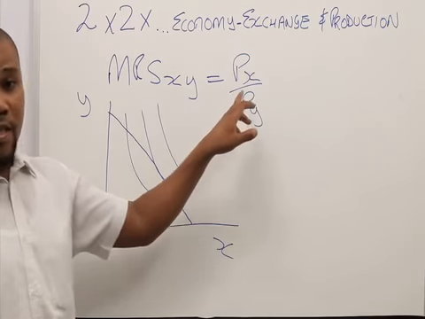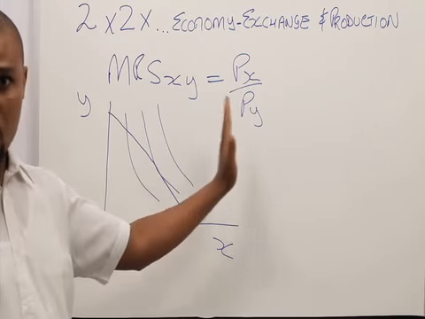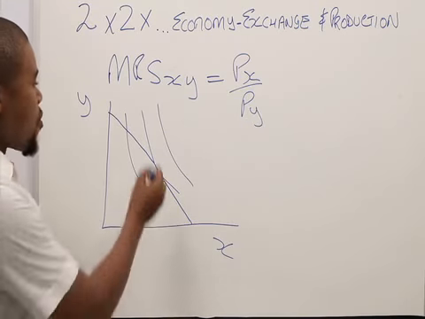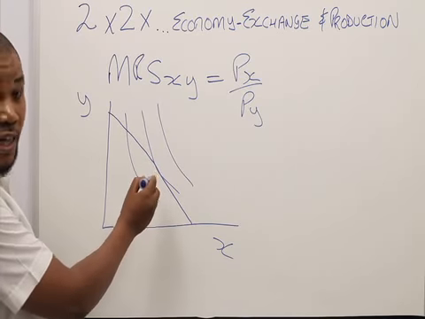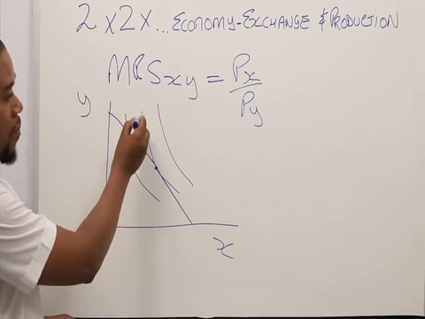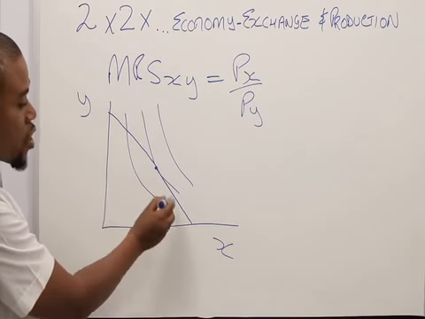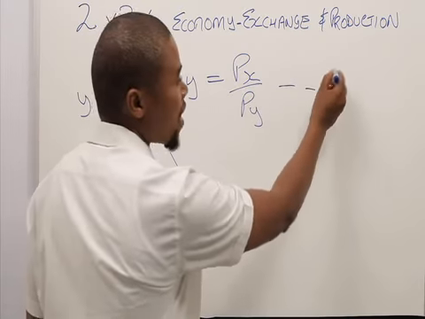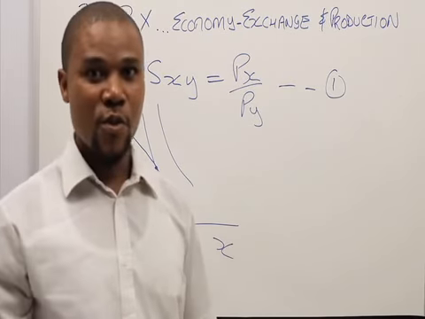And what is represented by the slope is just the slope. It's not how inward or outward the budget line is. And at a point where one of the indifference curves is tangent to that budget line, the slope of this indifference curve is the same as the slope of that budget line. And that would have been your condition 1 in your consumption sector, where you only had one consumer.